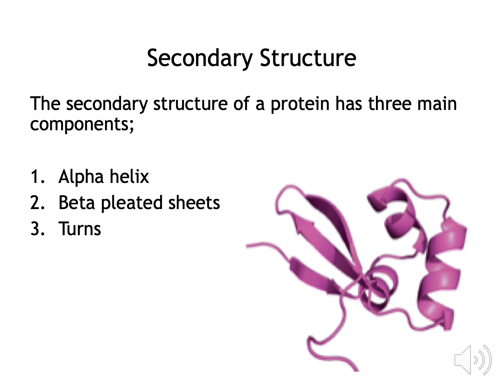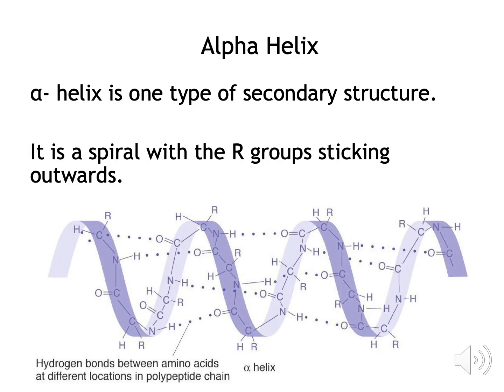There are three secondary structures that can be visually identified. The first is called an alpha helix, then there are structures called beta pleated sheets, and finally structures called turns. Whenever you see the word helix, it refers to something shaped like a corkscrew. So for example, a double helix is shaped like a corkscrew or like a spiral staircase.